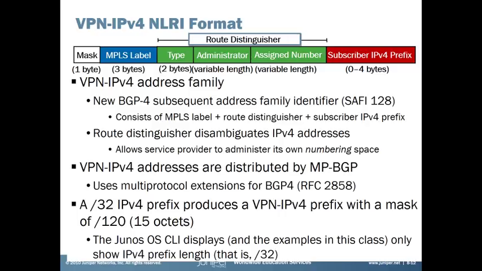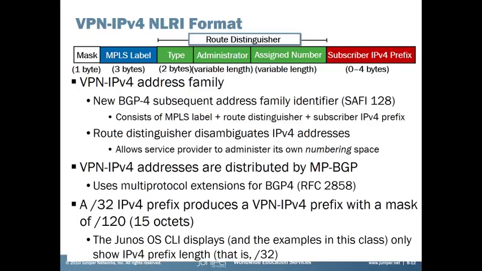So the PE router creates this new route, takes the route that it receives from its directly connected CE, adds this route distinguisher and an MPLS label and a mask, and creates this brand new route format, which is the VPN IPv4 route. NLRI stands for Network Layer Reachability Information, just in case you're wondering. So it adds this information onto the route.